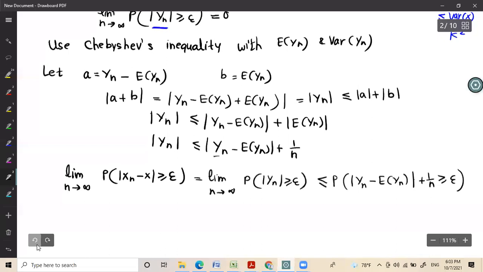So instead of the absolute value of Yn, we put all these things inside the absolute value. Since 1 over n is always positive, you can put it outside the absolute value. Now let's rearrange this term. From where do you get this inequality? From the triangular inequality, from the hint. So this is the probability that |Yn minus E[Yn]| is greater than or equal to epsilon, and let's take this 1 over n to the other side.